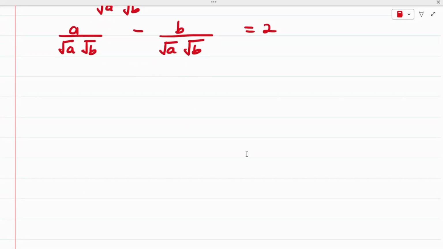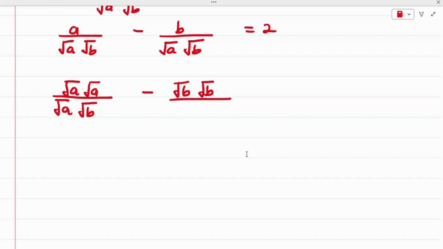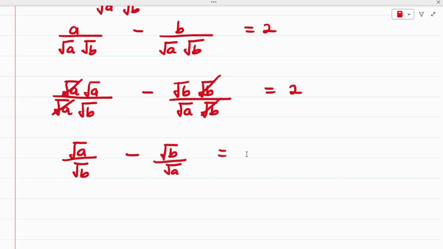We can rewrite a as the square root of a multiplied by the square root of a, and b as the root of b multiplied by the root of b. Cancelling out, we have the square root of a divided by the square root of b, minus the root of b divided by the root of a, equal to 2.